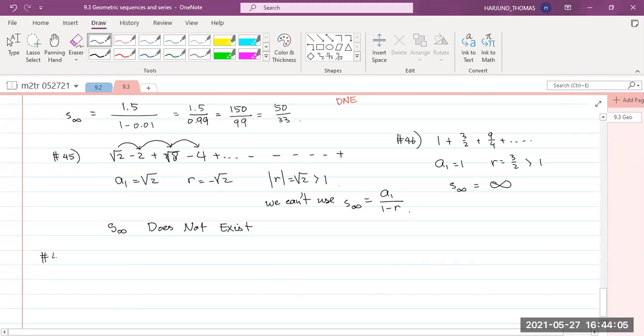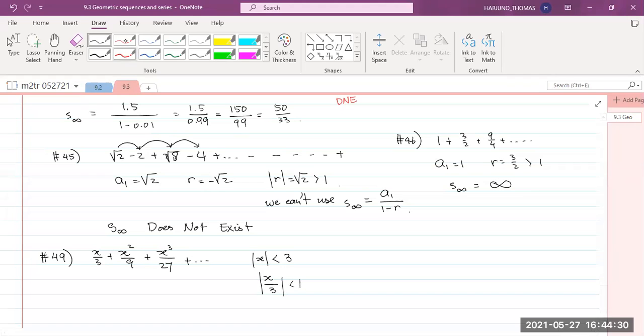Number 49. x over 3, x squared over 9, x cubed over 27, infinite sum, where the absolute value of x is less than 3, which implies the absolute value of x over 3 is less than 1. Right? Well, the ratio here is x over 3.